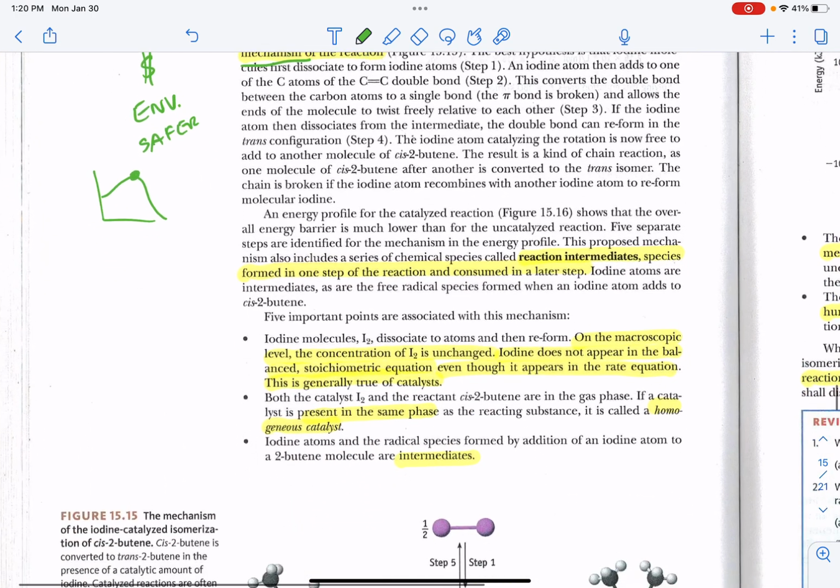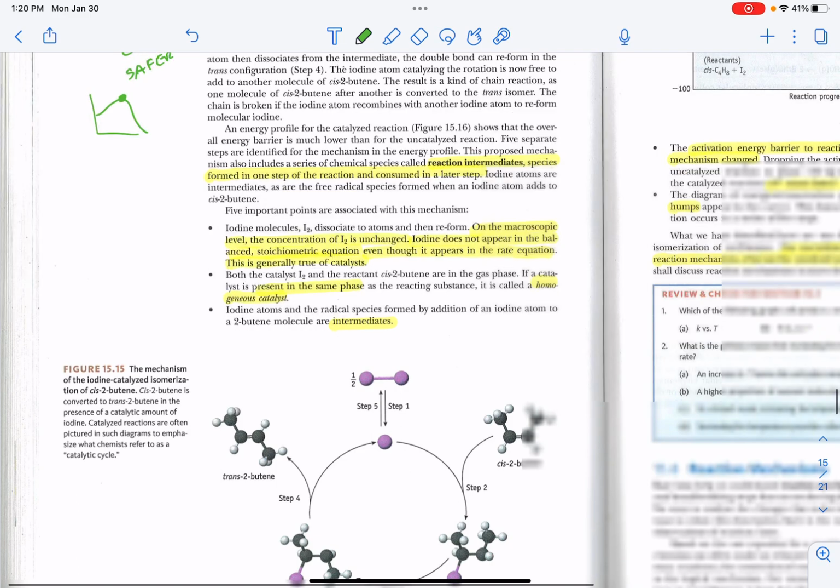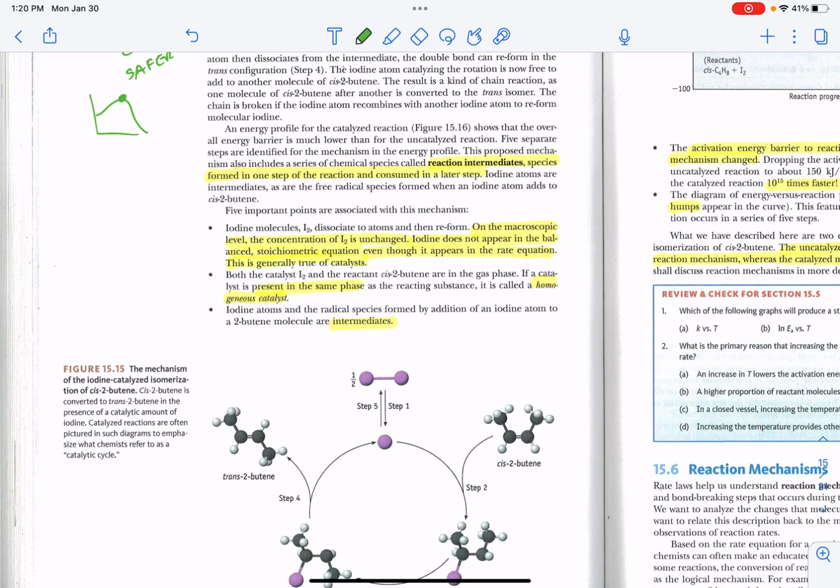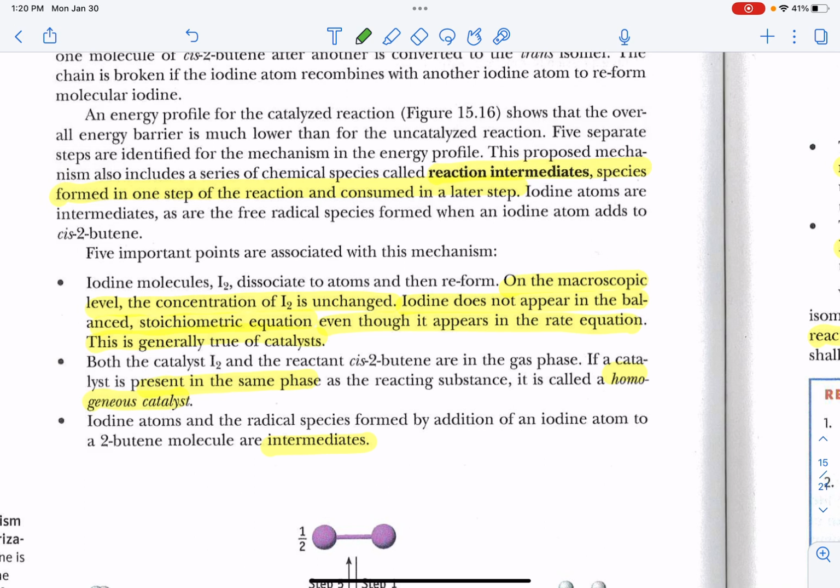So a lot of times in these mechanisms that we propose, if it's multiple steps, you might make a compound in an early step, and then in a subsequent step, that reaction intermediate, which might be a product in an early step, turns around and becomes a reactant in a subsequent step. It's here today and gone tomorrow. It's made in one step, used up in the next. That's called a reaction intermediate.